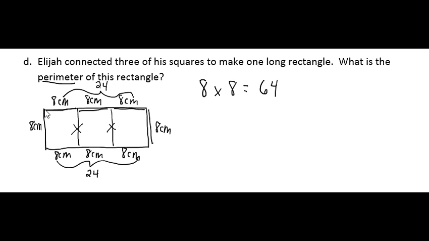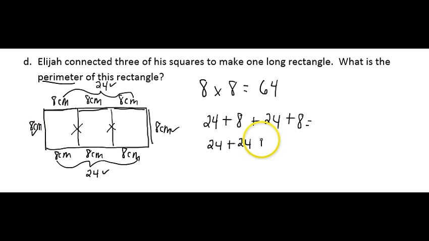So the four sides would be 24 plus 8 plus 24 plus 8. Let's rearrange that to, let's do 24 plus 24 plus 8 plus 8. 24 and 24 is 48. 8 plus 8 is 16.